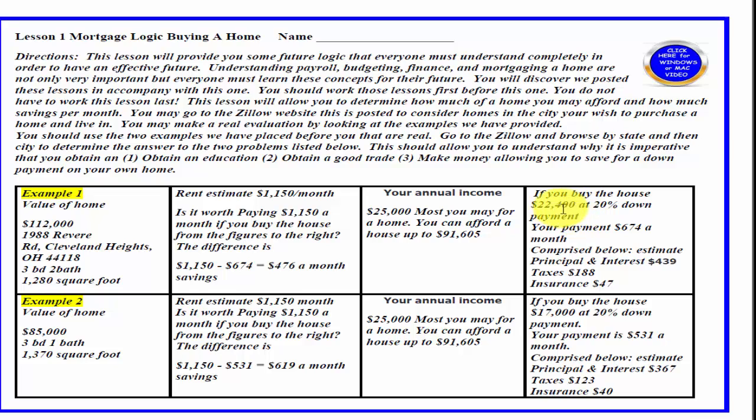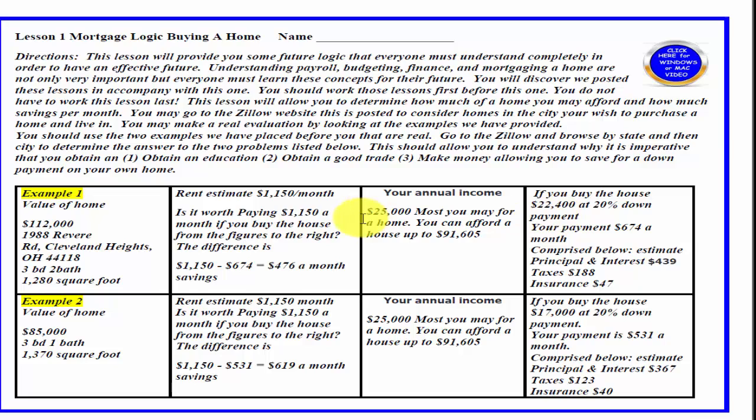And you recall, if we take 20% of this home, it's $22,400. Now, can you get larger than 20%? Sure you could. Can you get less? Possibly. Depends on the bank. However, with 20%, your monthly payment would be $674. Out of the $674, your principal and interest would be $439, taxes $188, and insurance $47.